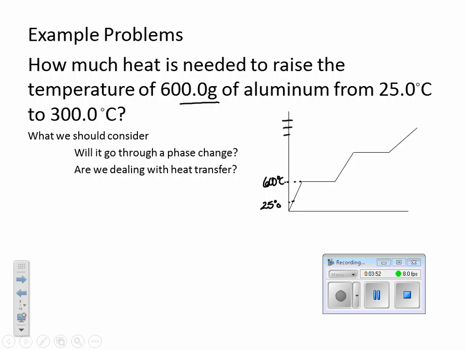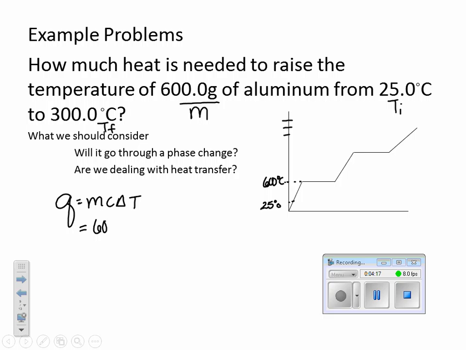So we know that we can use, because we have a mass and we have an initial temperature and we have a final temperature, we can solve for heat by using Q equals mc delta T. Heat is equal to mass times the specific heat capacity for the substance, aluminum, times the change in temperature.